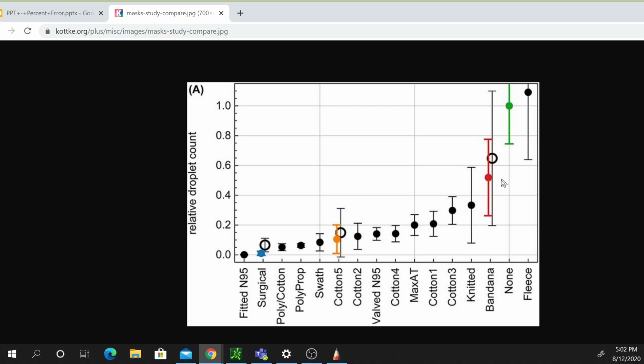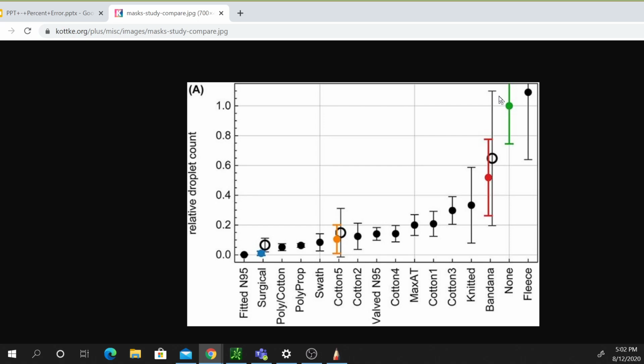But the way they were presenting it was that these fleece neck gaiters were as bad as wearing no mask at all. And remember, wearing no mask at all means that you're going to have a relatively high droplet count, higher than this one.